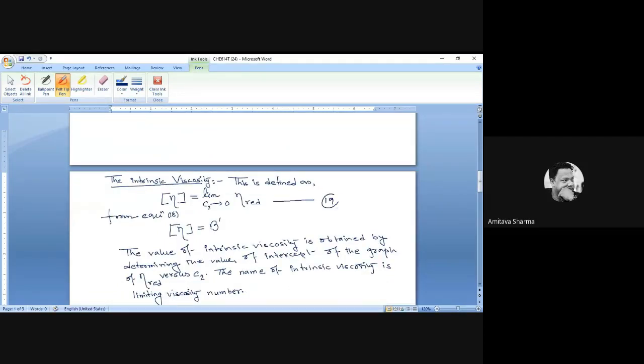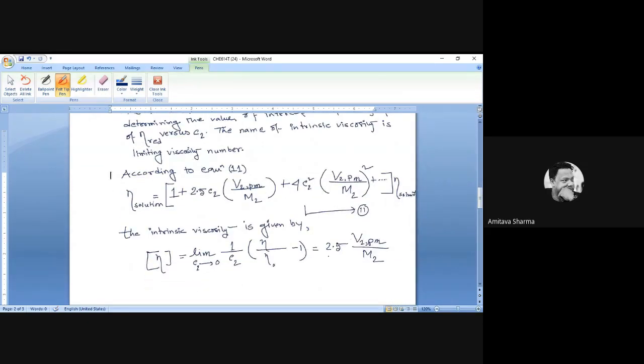This is equation 19. This is equation 20. So this is equation 21. So this is the form of intrinsic viscosity. Okay.